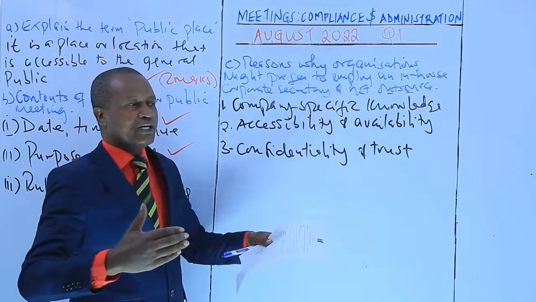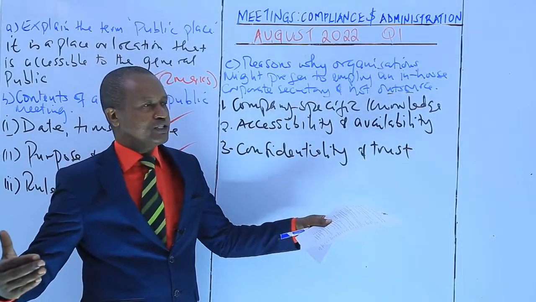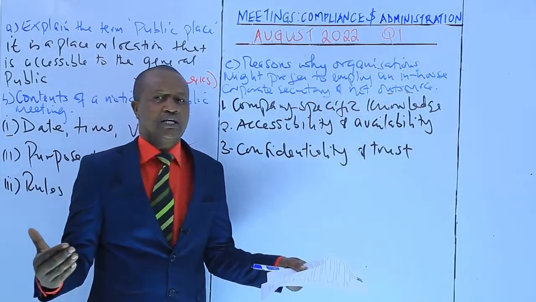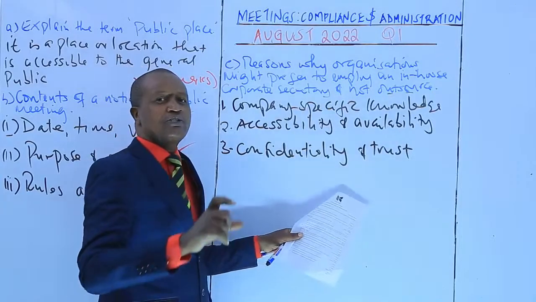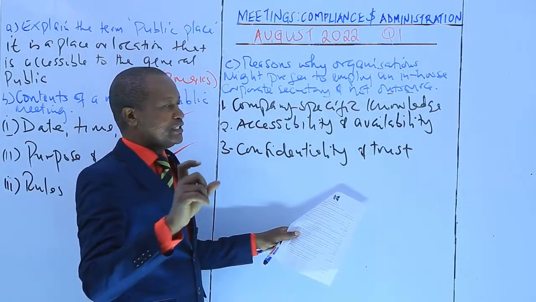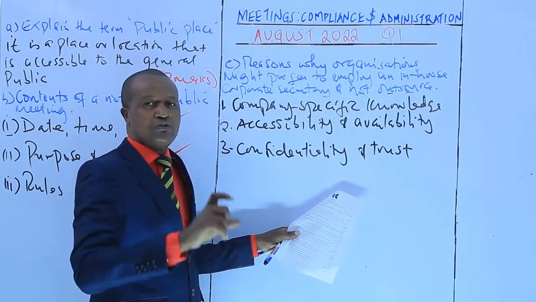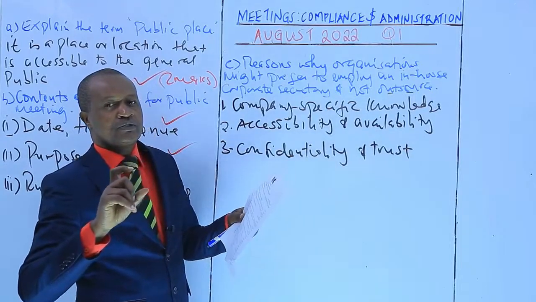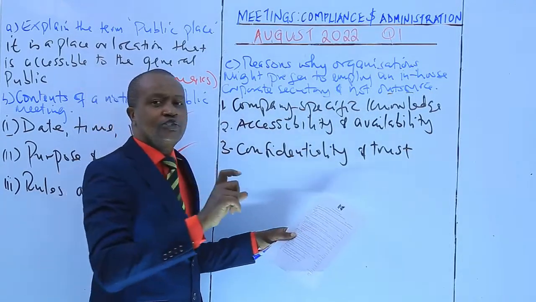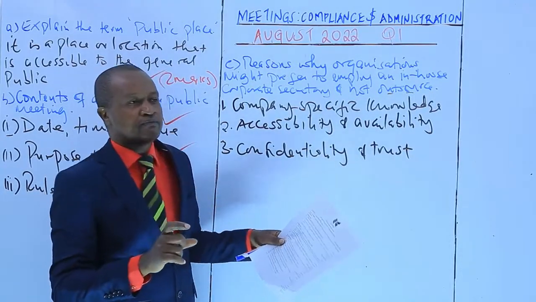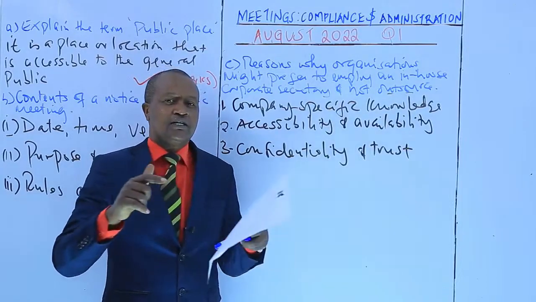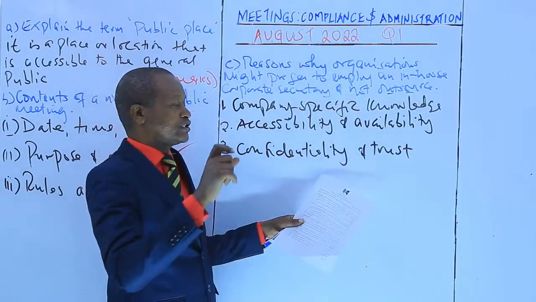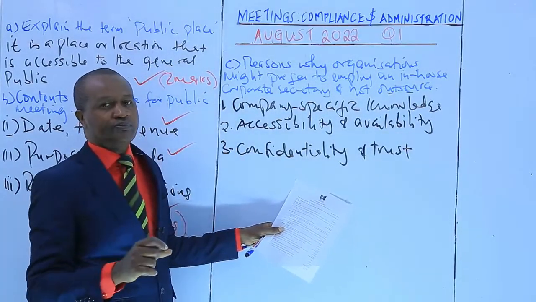So building a long-term relationship of trust and confidentiality is crucial for maintaining the integrity and the privacy of confidential information.